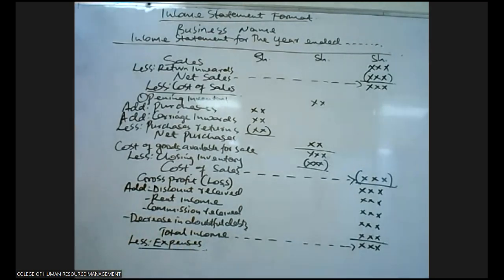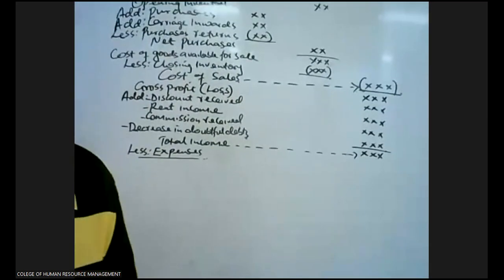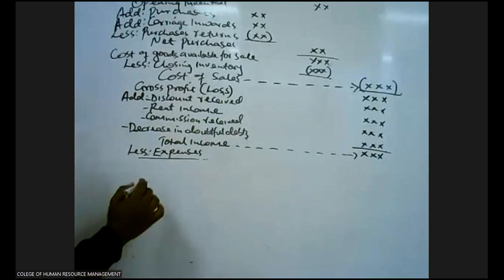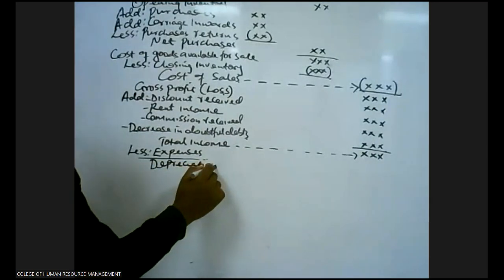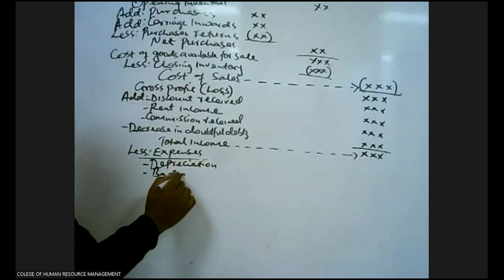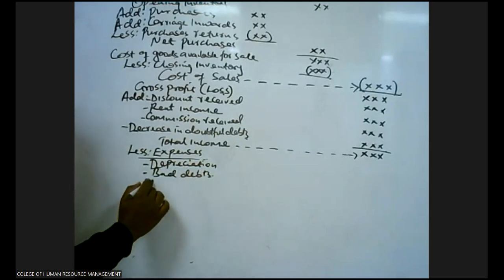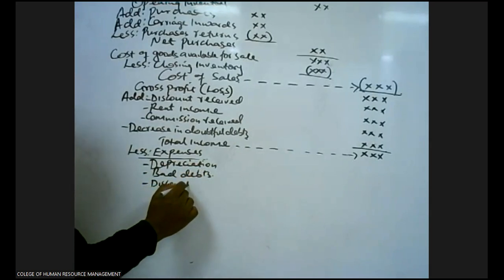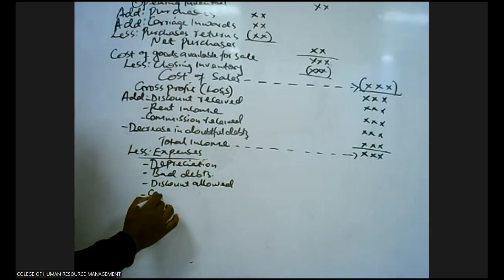Come and deduct the expenses. What are the expenses now? We know they are very many, but don't forget the depreciation on assets. We also have bad debts, discount allowed, and carriage outwards.